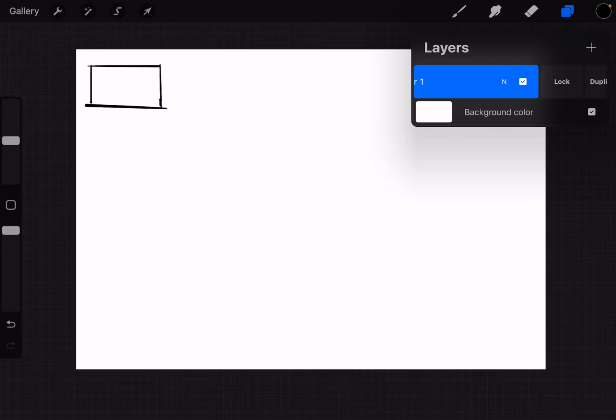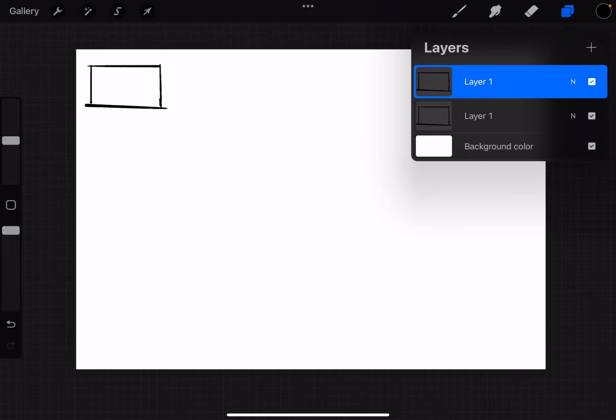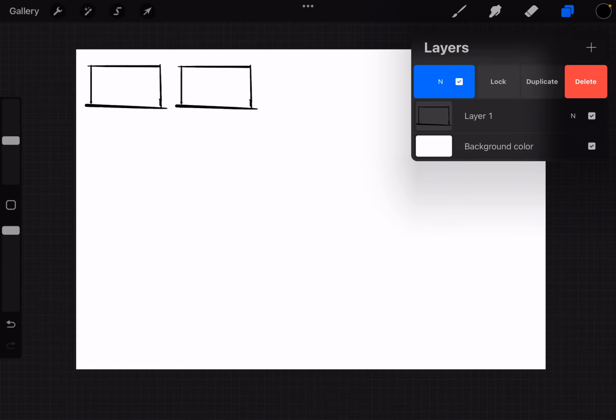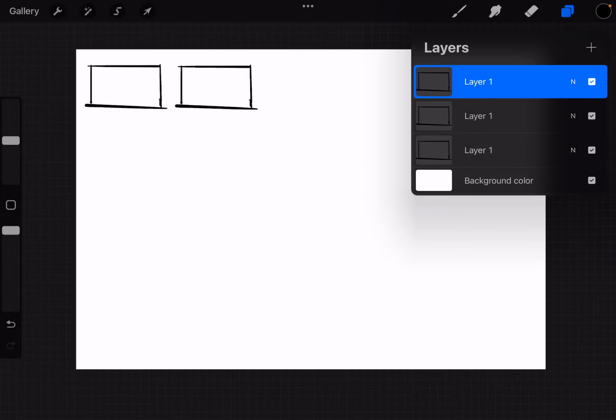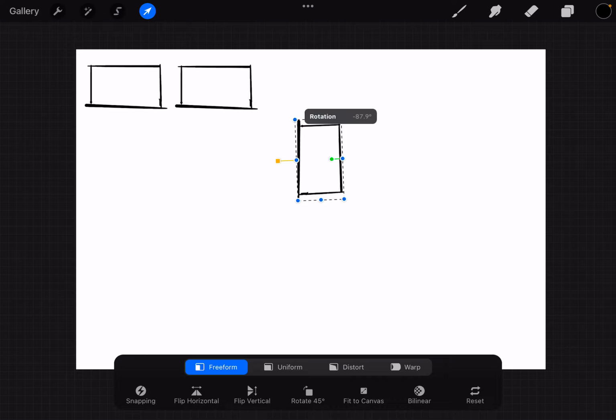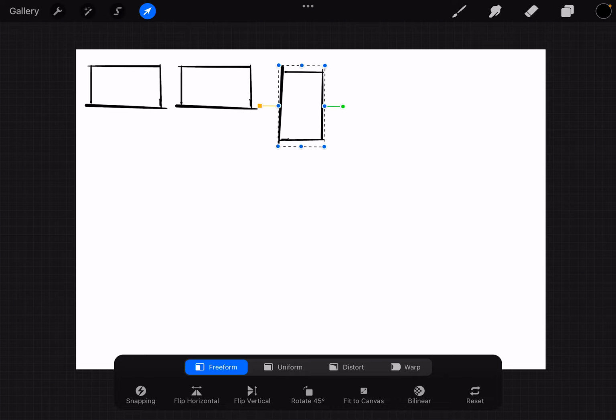You can duplicate it. Swipe to the left side, duplicate, move it over. Swipe right, left, duplicate, move over. And if you want to, you can also play around with some vertical pieces as well. So I might do 2 vertical, 2 horizontal.